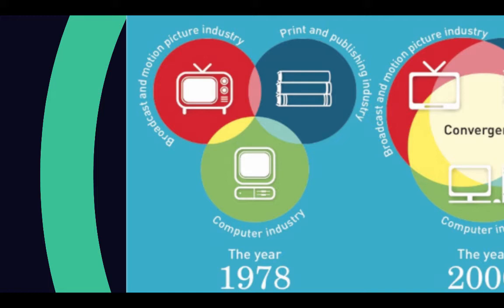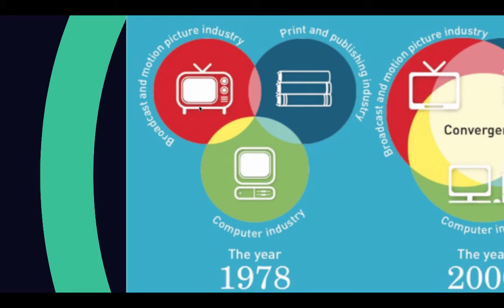Then there was separately the book industry, the newspapers and magazines and books that existed as an independent medium. And the third was the computer industry, which also was by itself, and there was only a very small little overlap in these areas.